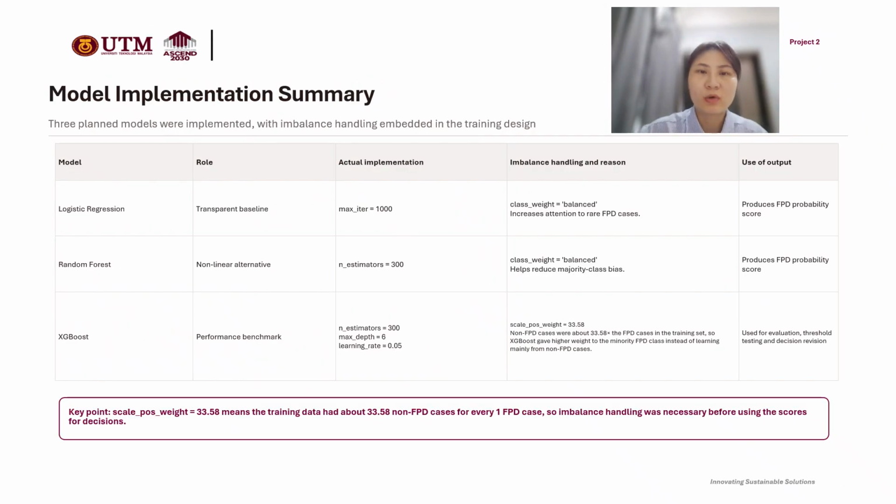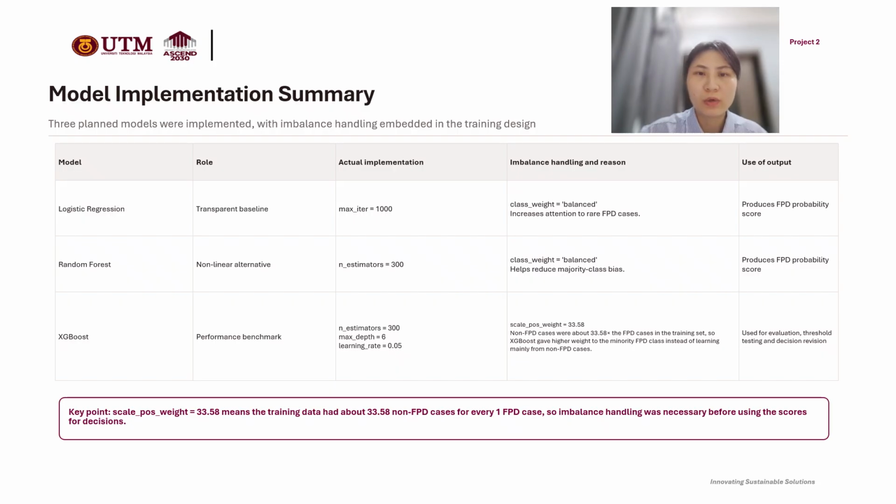And this slide summarizes the model implementation. The models implemented were logistic regression as a transparent baseline, random forest as a non-linear alternative, and XGBoost as a performance benchmark. Because FPD cases are rare, imbalance handling was necessary.